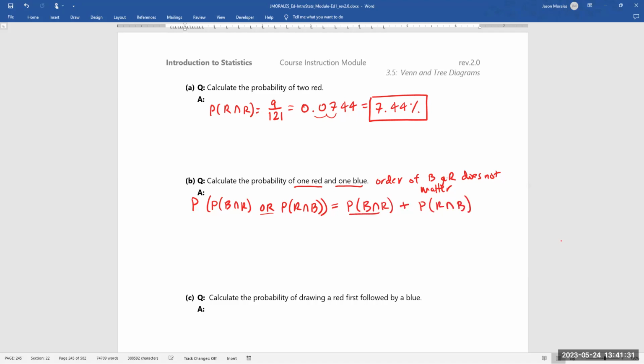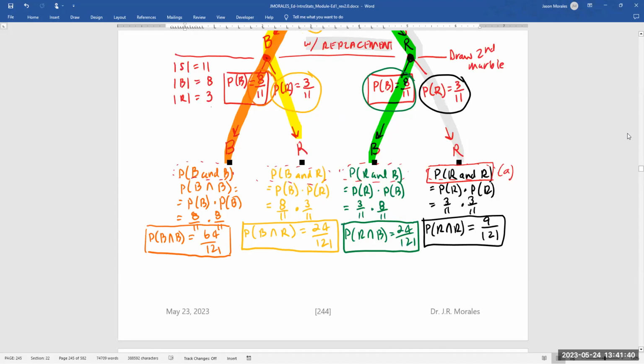So let's look and see where we have these in our tree diagram. Okay, so we're looking for the probability of blue intersect red. So here's 1, and then the probability of red intersect blue. So for both of these, it was 24 out of 121, 24 over 121.